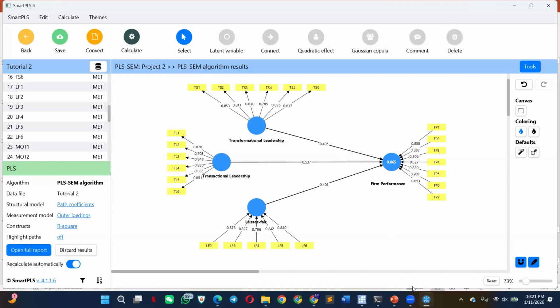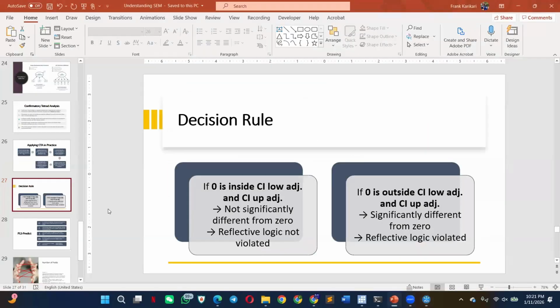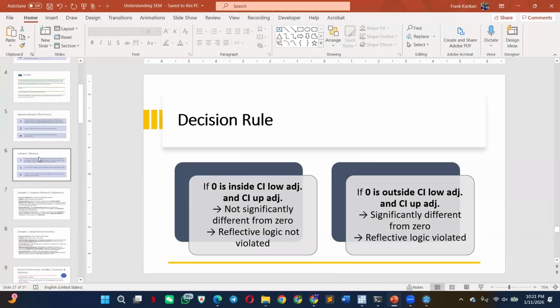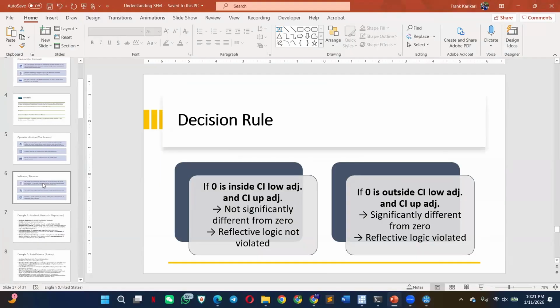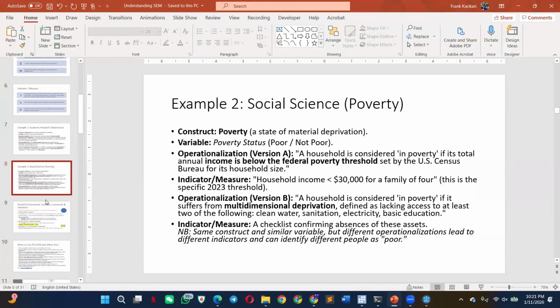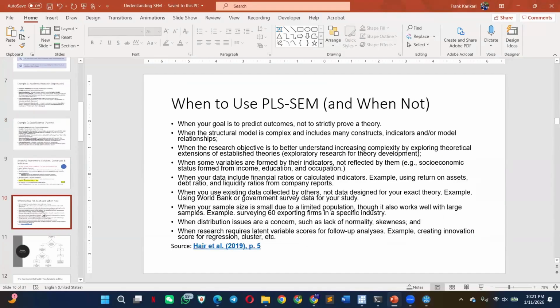When I'm done, I'll post the continuation of the slides on the platform. I think earlier we discussed when and when not to use SEM. Let me see if I can find that. We learned that we can even use SEM for secondary data.